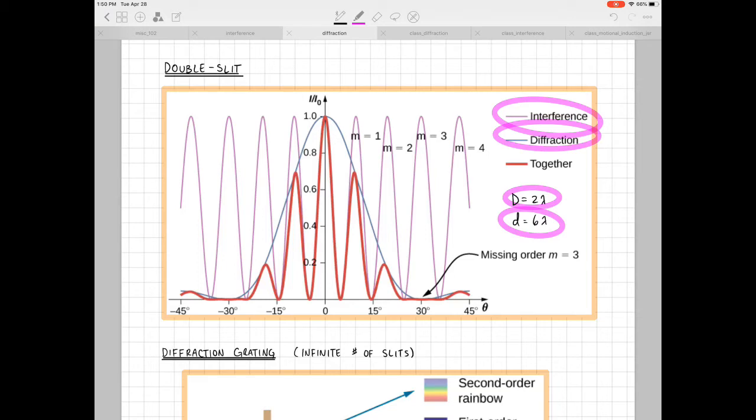Since the separation is 3 times as large as the slit width, you end up getting a missing order here. The m equals 3 order ends up missing, because that's where the diffraction envelope is 0, even though the interference pattern is not 0 at that location.